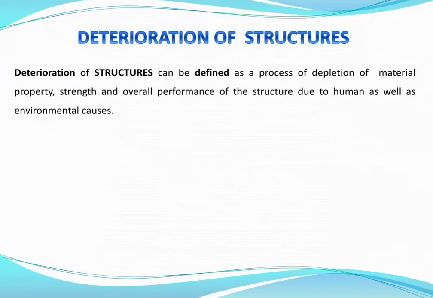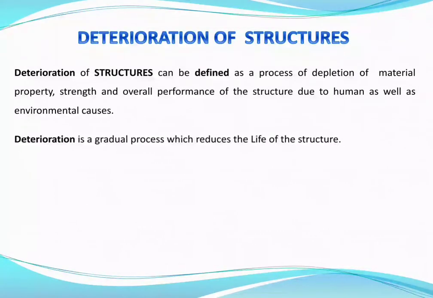So deterioration is a process wherein the material starts losing its property, the strength reduces, and in a sense overall performance of the structure comes down. So deterioration is very bad for the structural health, and we have to understand its causes and preventive measures. Deterioration can be caused by human as well as environmental causes.